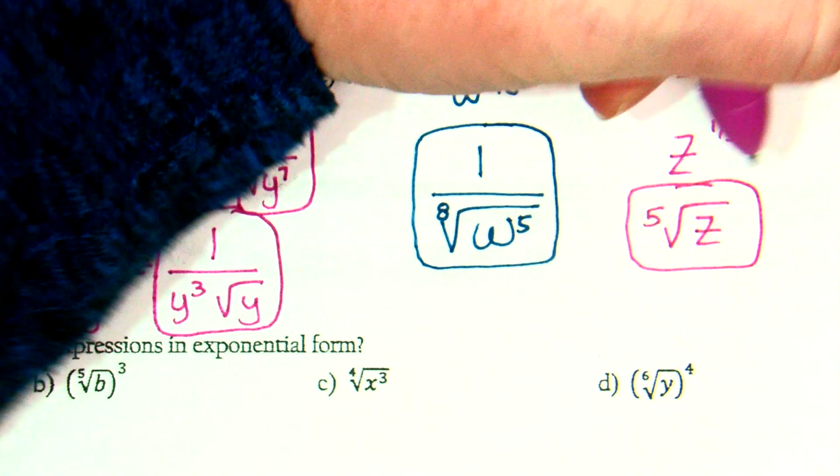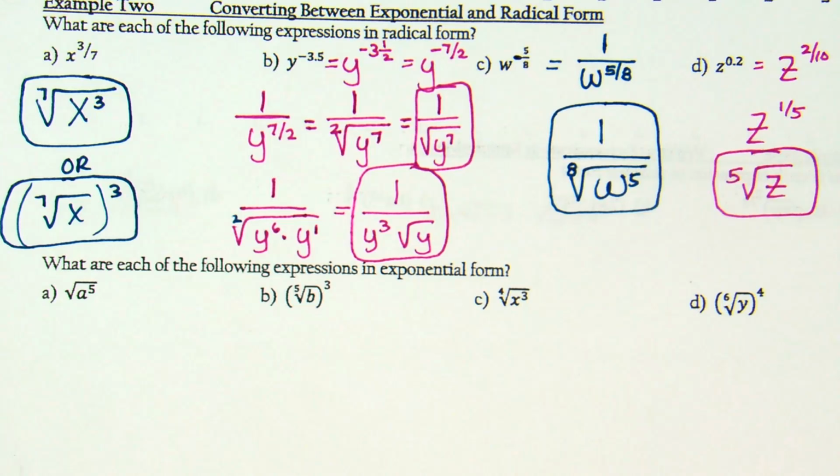What do you know about the square root of a to the 5th? Yeah, my invisible index there is 2. And that means if you're kind of following, you've got a 50-50 shot. It's either a to the 2 over 5 or a to the 5 over 2.